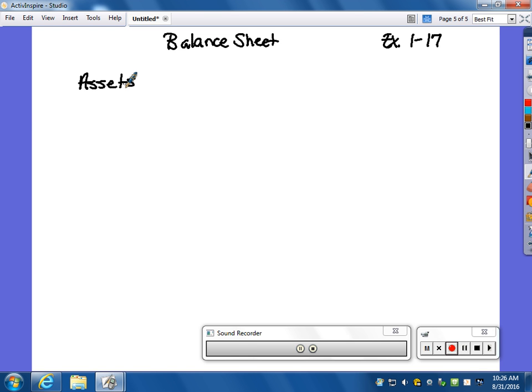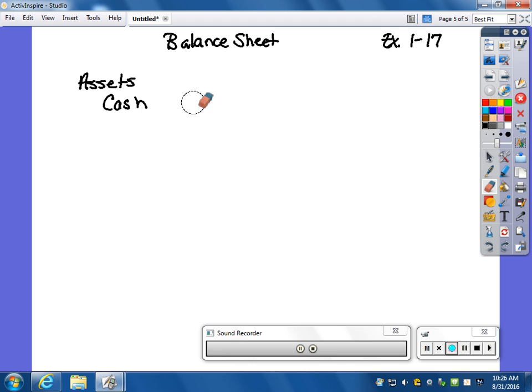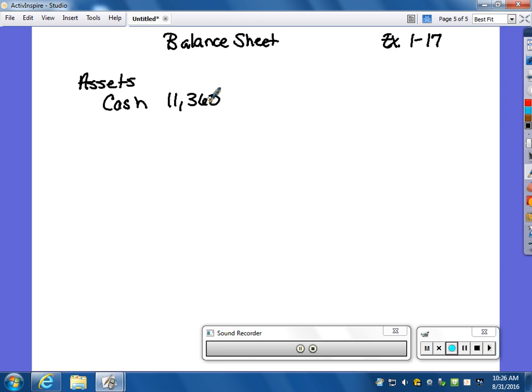So we have cash. How much? 11,360. What's the next asset you have? Accounts receivable. How much is it? 14,000. What's next?